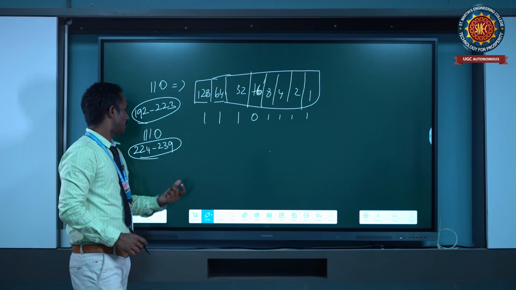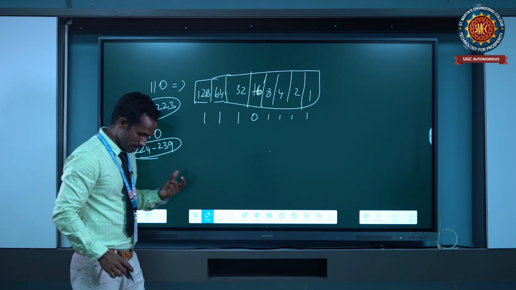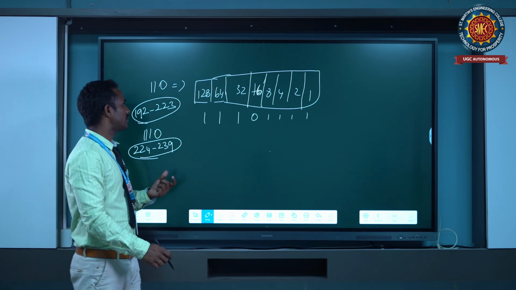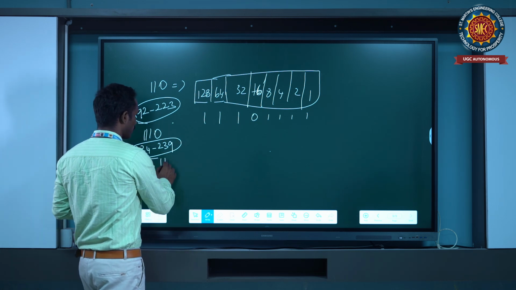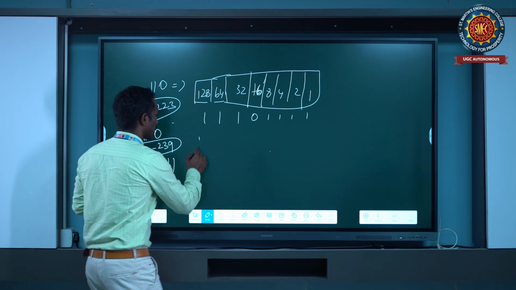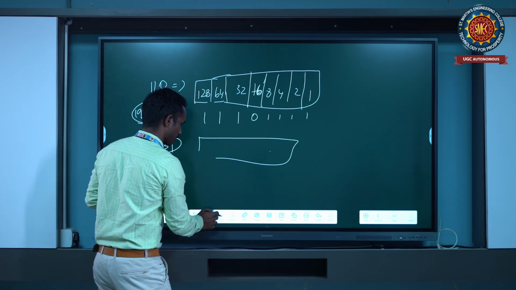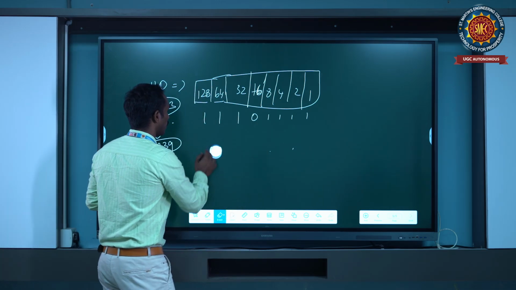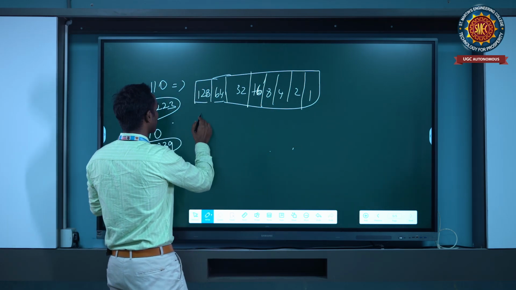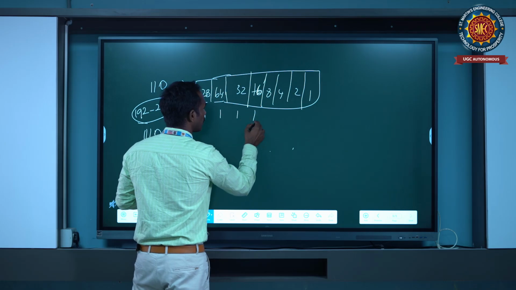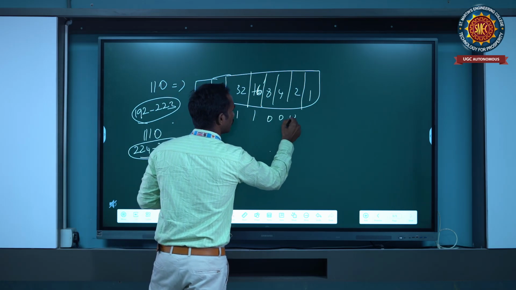And the next, the class E range. What are the fixed bits for class E? That is 1111. So like that, put the value 1, 1, 1, 1. Remaining all are 0.